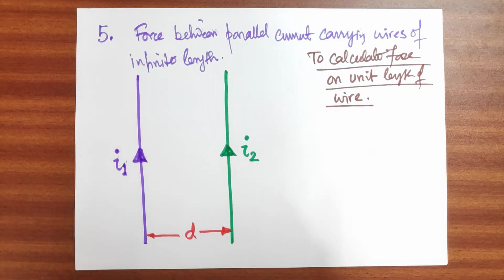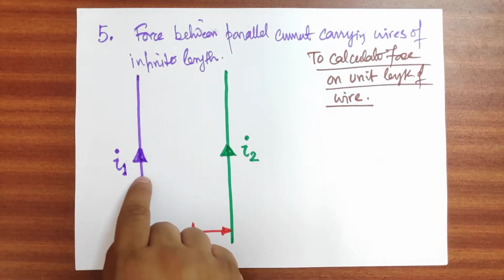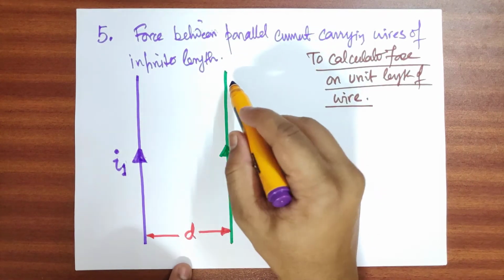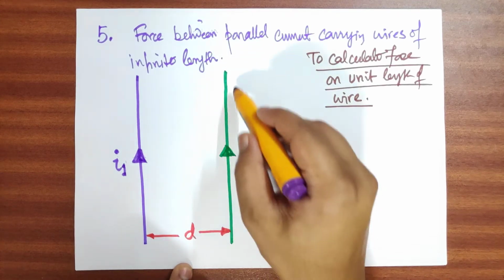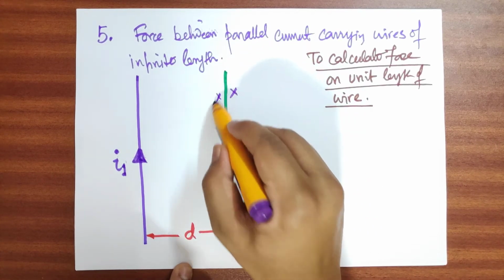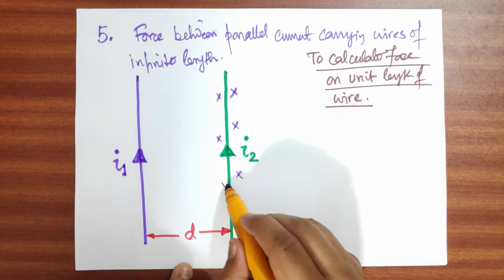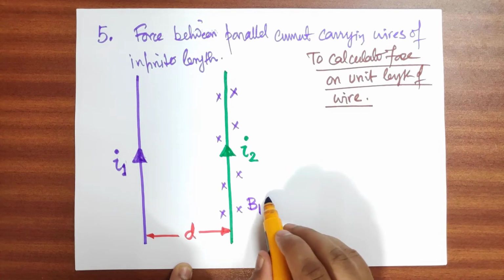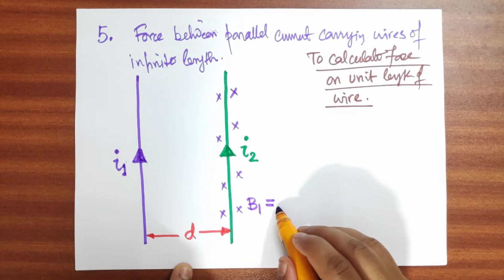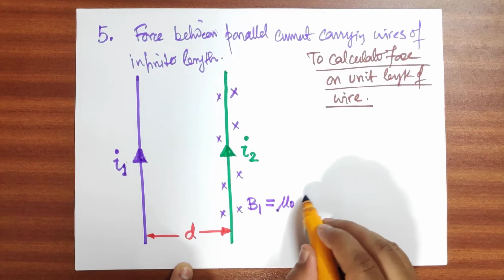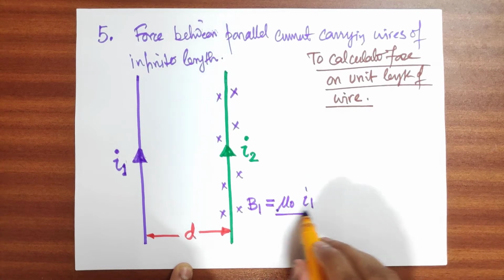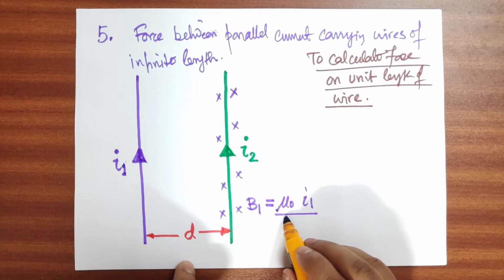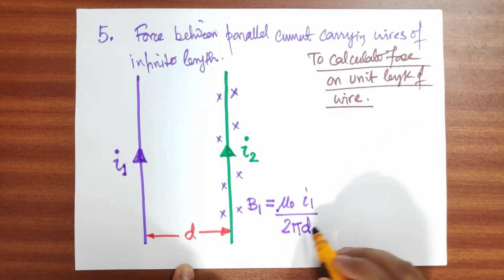Now this current carrying conductor has a magnetic field near this green wire. In the vicinity of this green wire, the magnetic field B1 has magnitude, as we have seen, due to a straight current carrying wire, mu naught I1 by 2 pi d.